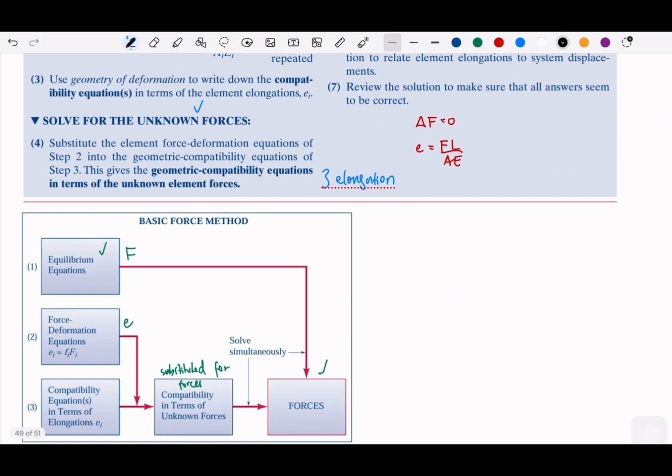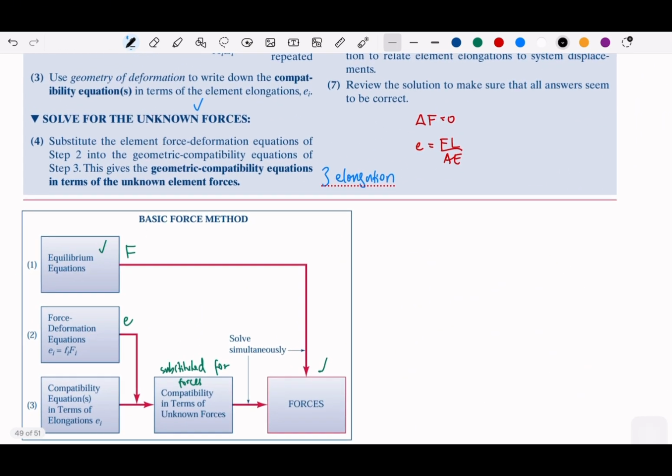Okay, maybe some examples on this part, and then I will show you the if we have time.